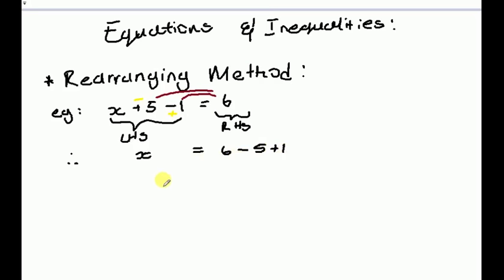So now our x, and this doesn't look like an x, our x will be equal to 6 minus 5 plus 1, which will give us 2.